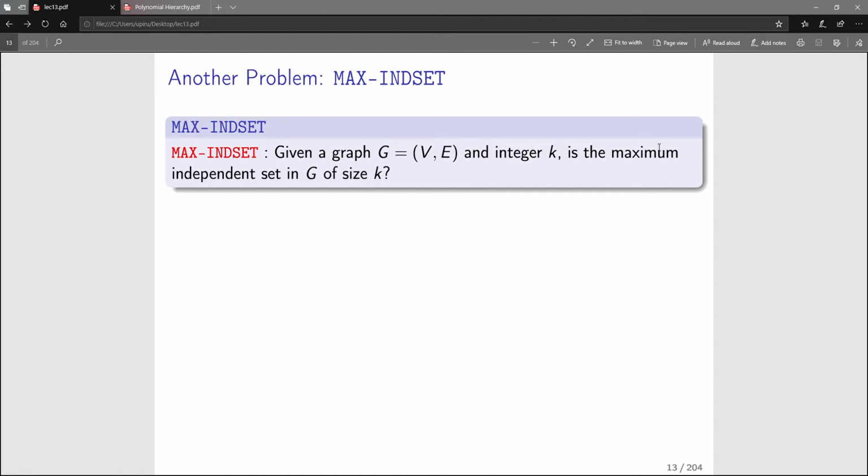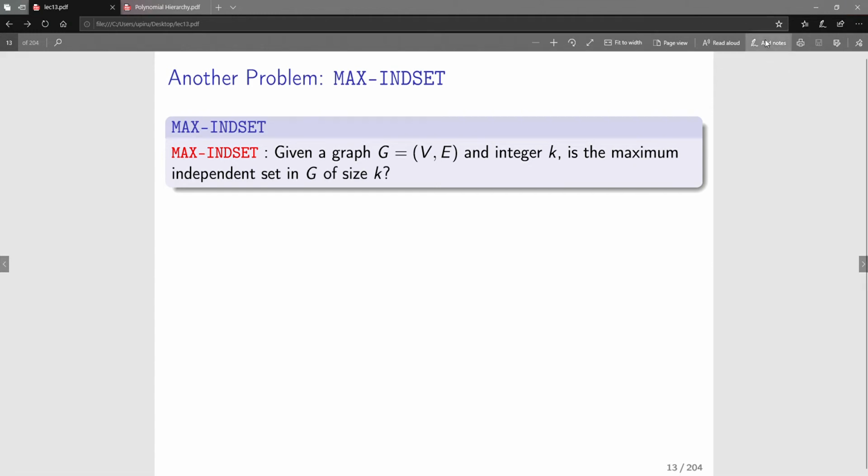So the problem here is twofold. Like in the previous problem, you just give a certificate of size K and check whether it is an independent set or not. You can quickly do that by checking all pairs of vertices in that vertex set S, which is a subset of your V. Let me write it down.